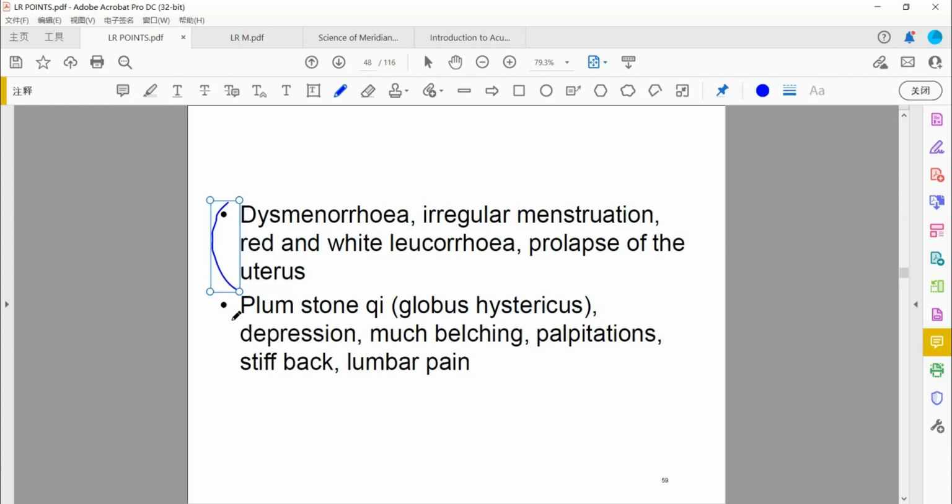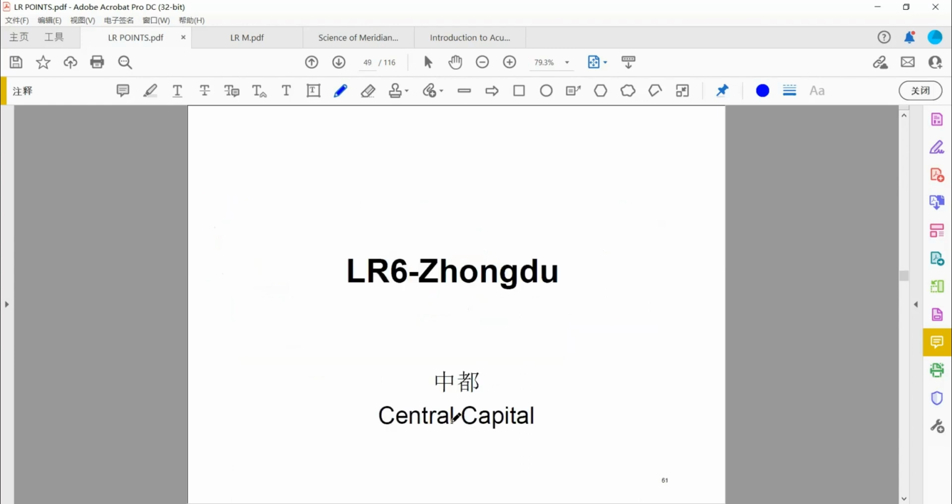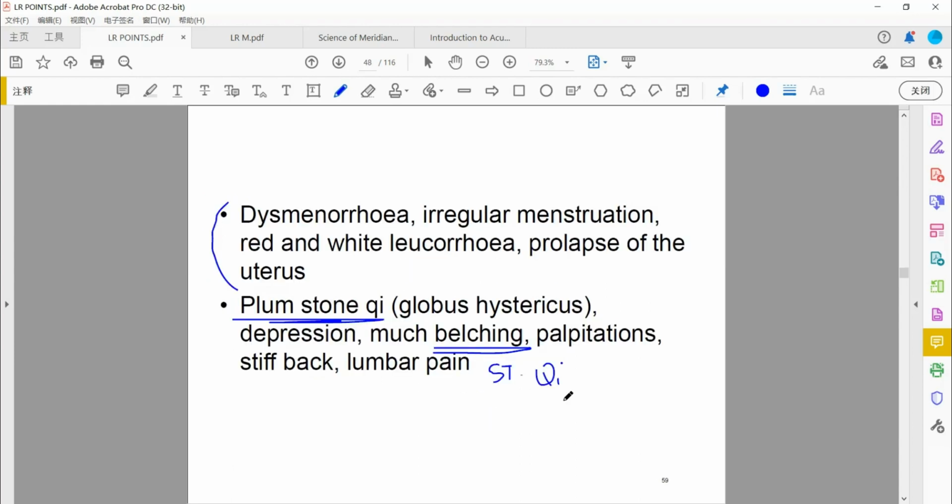Plum stone qi. Depression, much belching. Belching, that's the stomach qi. Palpitations, stiff back, lumbar pain. Back pain, stiff back and lumbar pain.